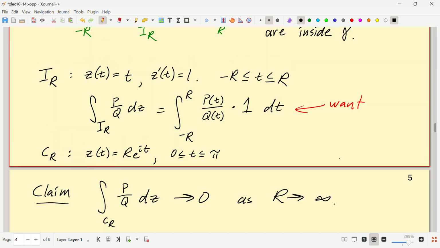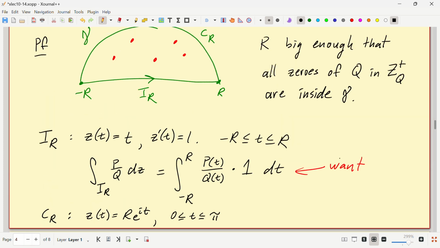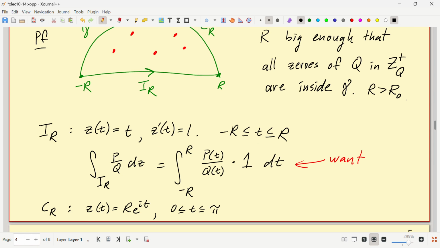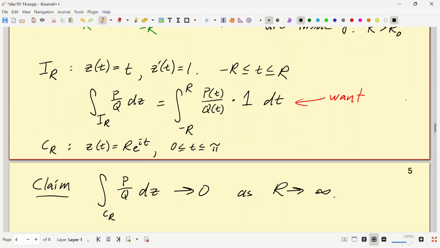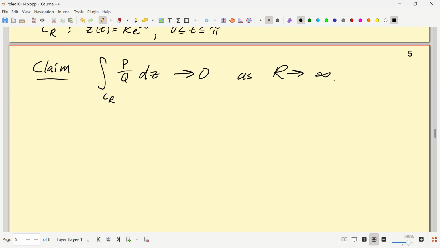Let's see, what should I say here? R big enough that all the zeros are in Q. Let's say that R is bigger than, I'll call that R sub 0. And the key is the basic polynomial estimate. So remember what the basic estimate says.